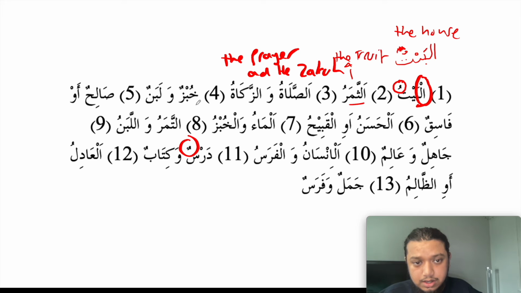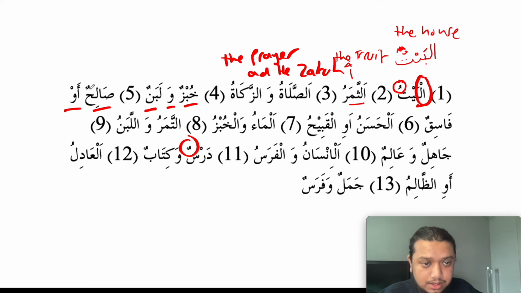Salihun aw fasiq is a righteous person or a transgressor.